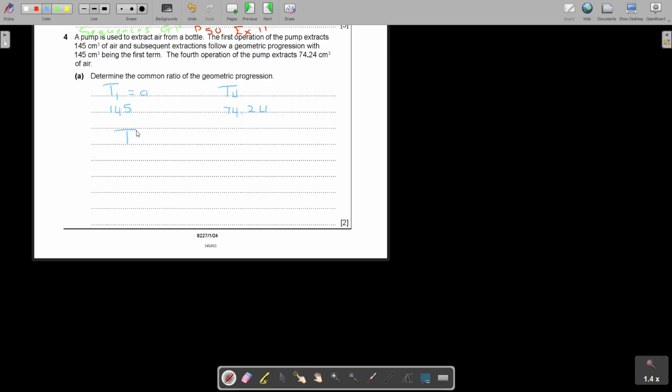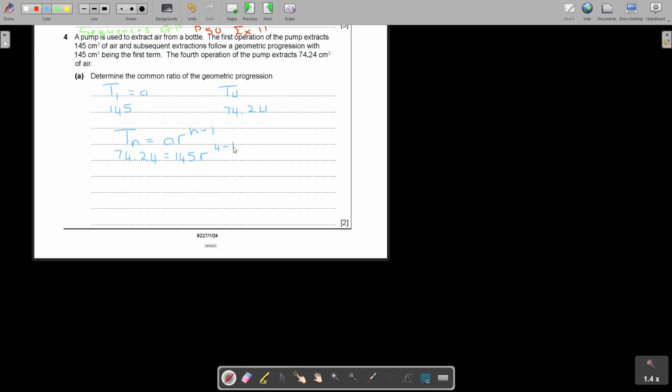Again, you can go to the formula sheet and find it, but I think it's a very easy formula to remember: ar^(n-1). So I'm putting in the fourth term, 74.24, and the value of a, 145. I'm looking for r, but I know it's the fourth term, so it's 4 minus 1, which will be 3.